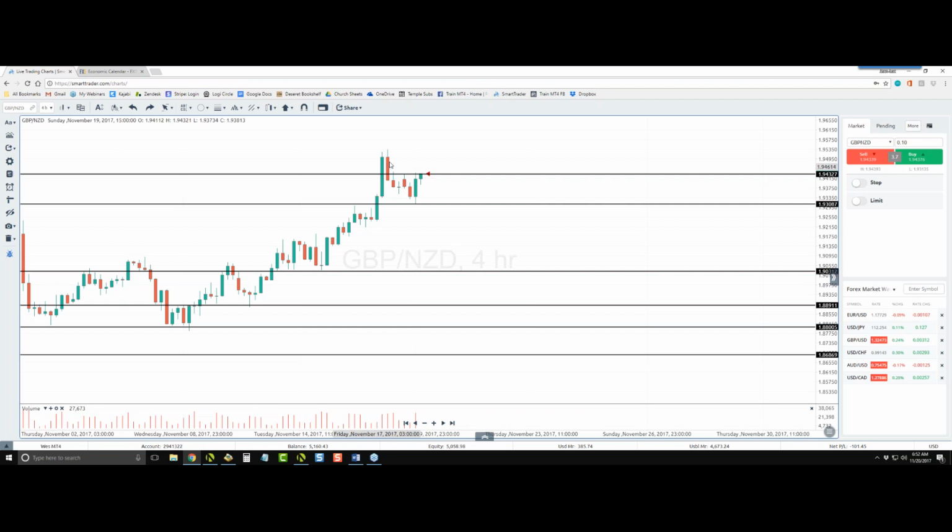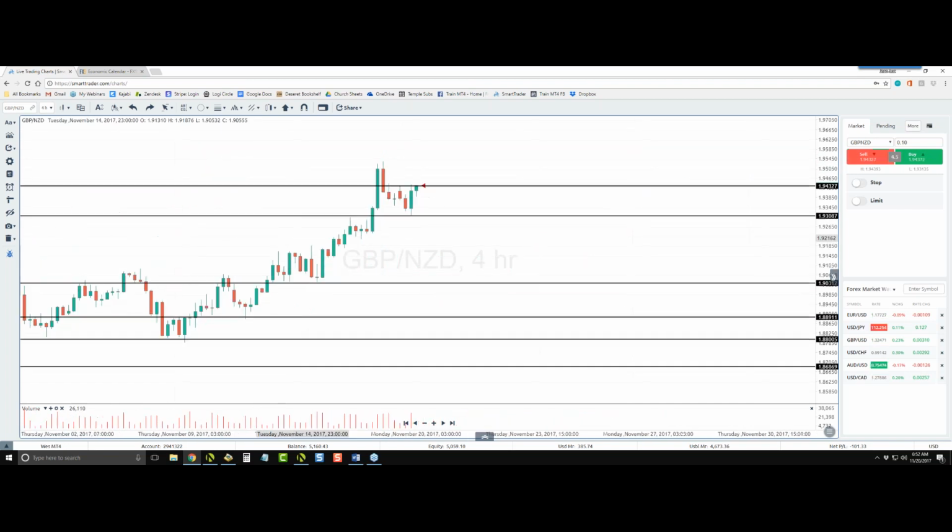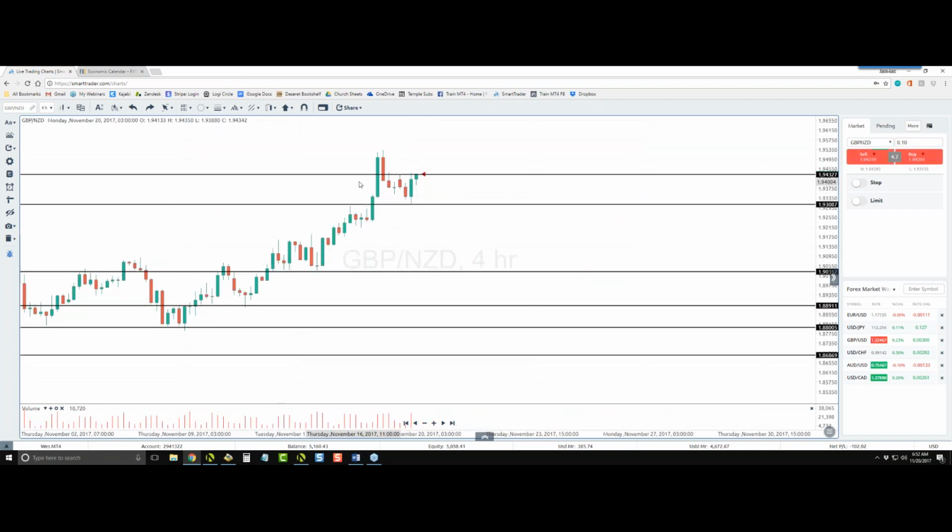That also would have been a pretty good trade when it came up and then came back down and broke this level, trading down to this previous resistance level that became a support level. But hindsight is 20/20. I don't really watch the 4-hour charts for trades. I just watch them for support and resistance levels.